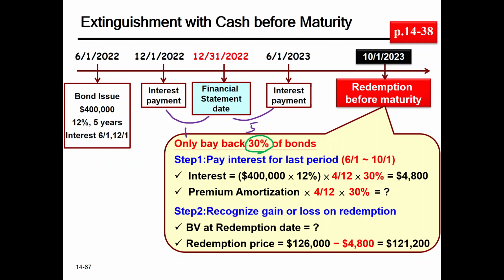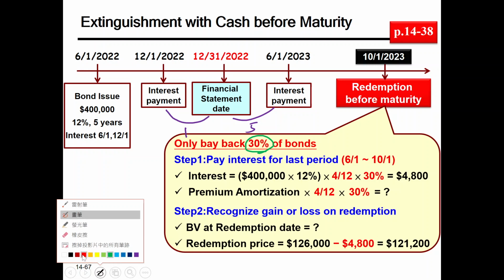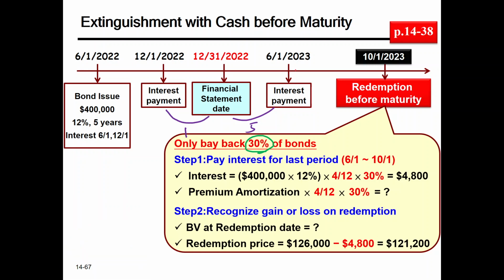Okay? And our last time interest is for 6 months. The problem is still it's not on the same day as interest payment day, right? Since it's not on the same day as interest payment day, you should what? Calculate how many months. So how many months is it? From this to this is 4 months, right? So this is 4 months. So it's not 6 months, it's 4 months.